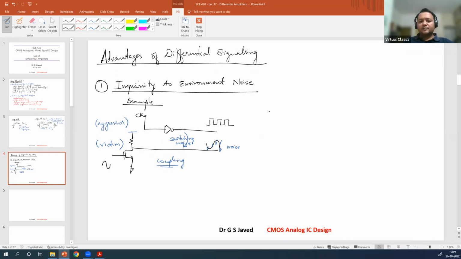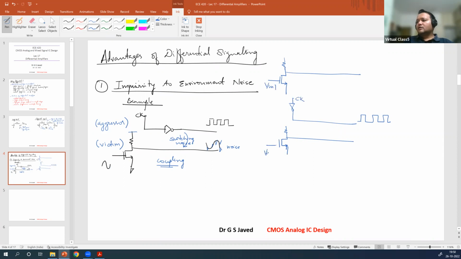The best way of doing that is to have differential signaling, meaning if you have a clock source going in this direction with a clock output, and if you have a coupling, you know that there is going to be coupling on both sides. So this is VN1, VN2.